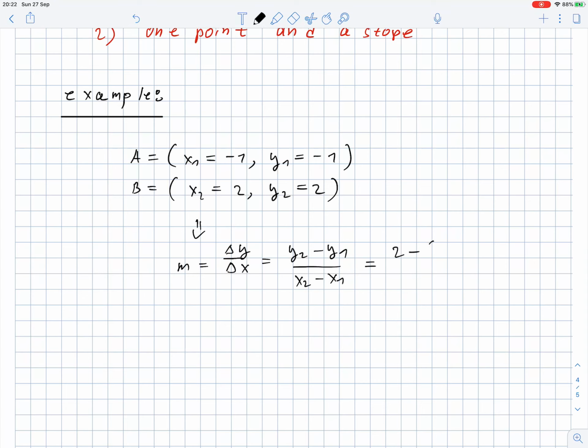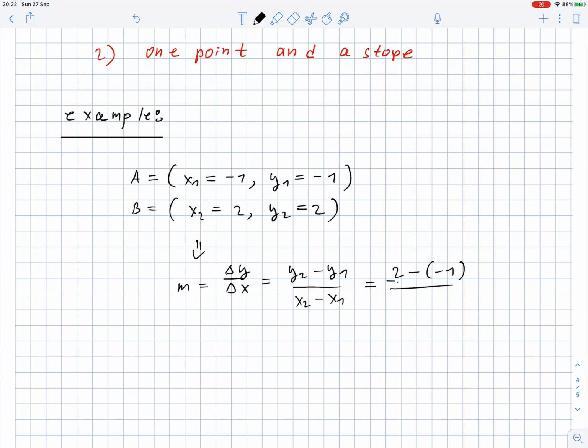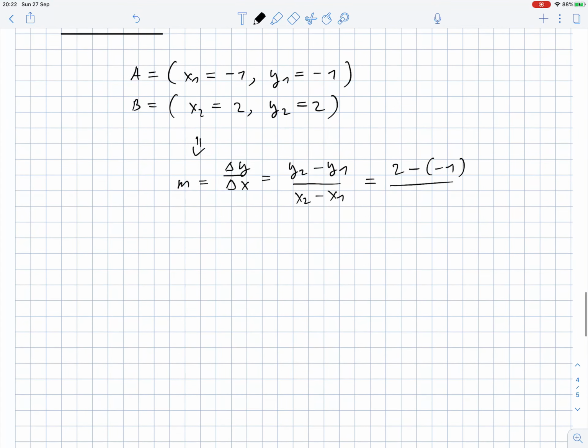2 minus -1 divided by... The screen is jumping. No, sorry, again. x2 is actually 2 minus -1.